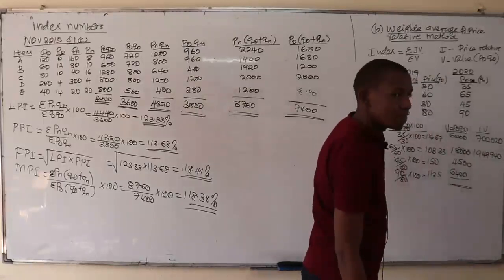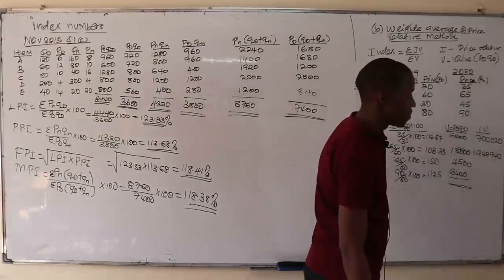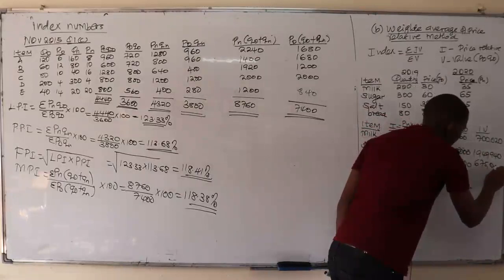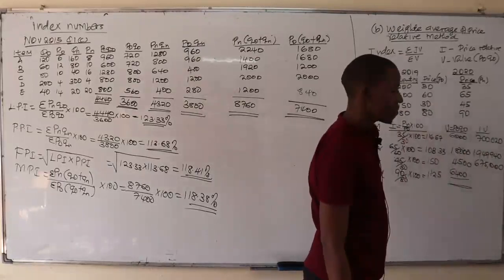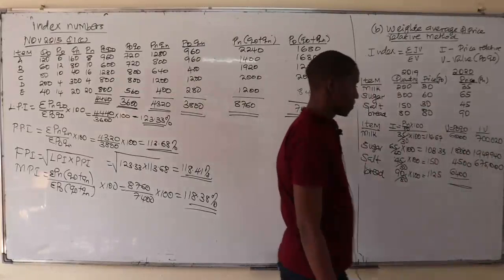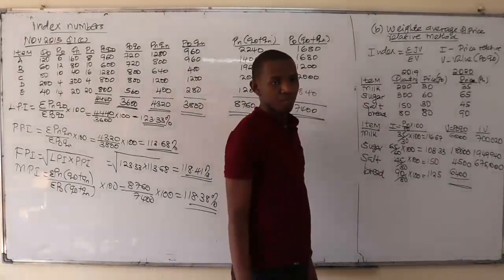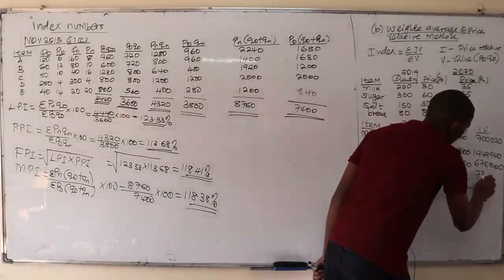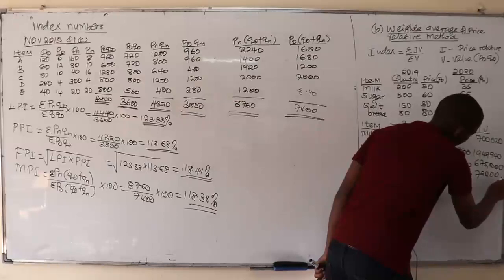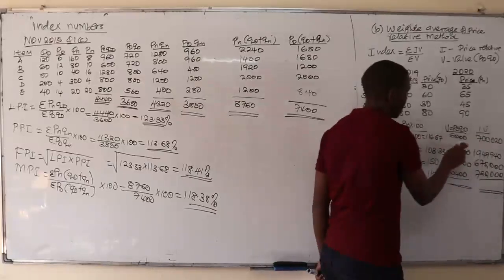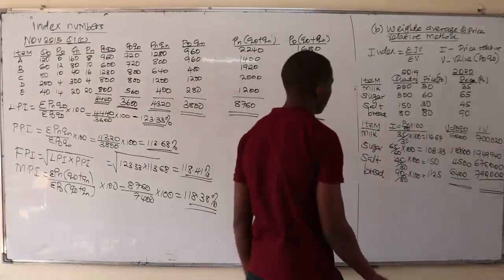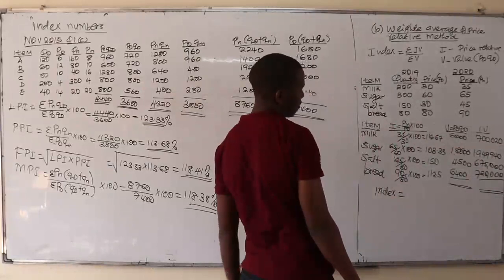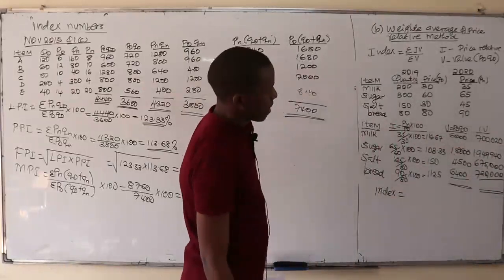The other one gives 675,000. The last one gives 7,000. So get the total now for us to know what the index will be. What is the total of V? And the total of IV.